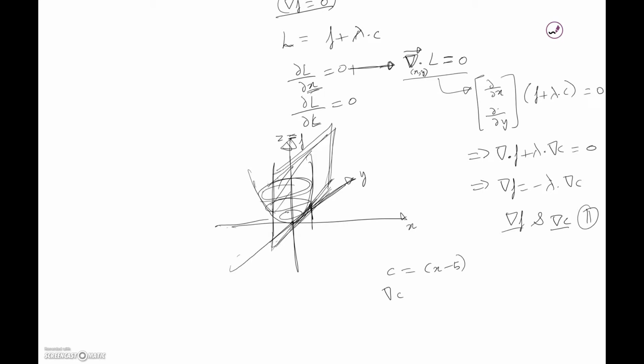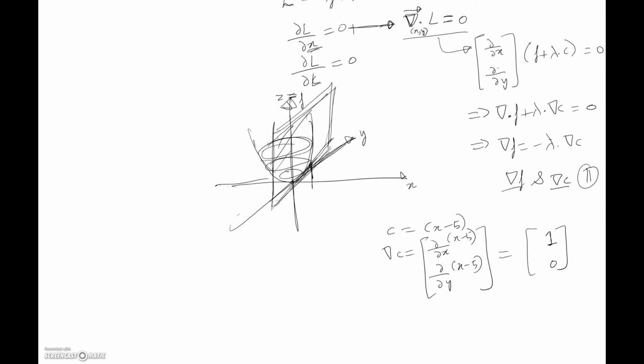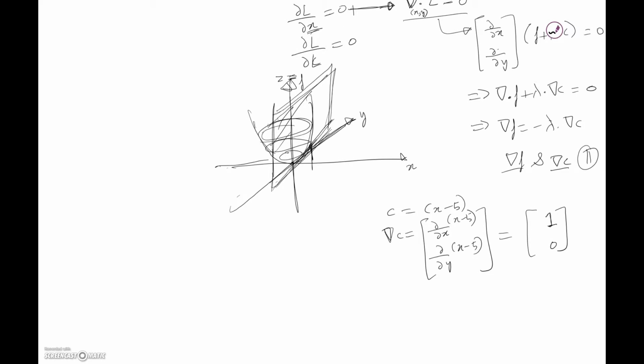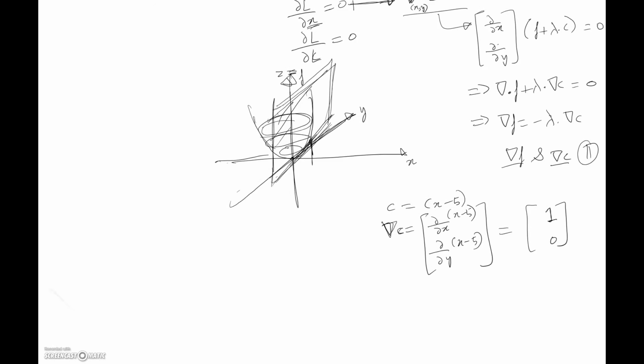So del c equals del by del x of x minus 5 and del by del y of x minus 5. This is the vector del c, which is equal to 1 and 0. So it is always pointing along the x-axis, right? And another neat thing about the gradient of a function is that if you are along the gradient, you are increasing the function.